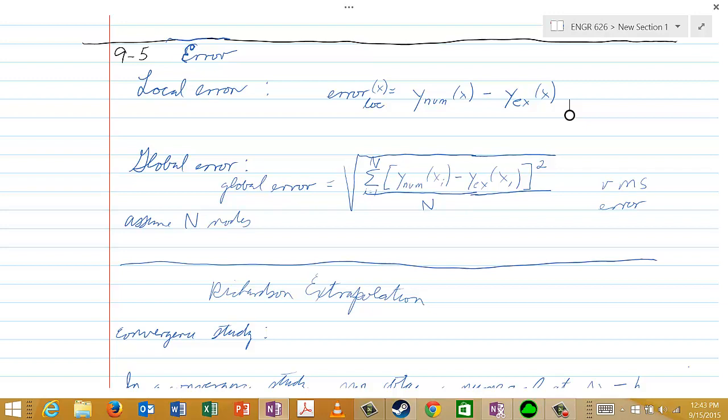And we don't want that to happen and give us the impression that we have a good solution when in fact maybe we don't. So that's why we're squaring the local error at each node, so that whether it's positive or negative, it's going to give us a positive contribution to that square, and then we take the average of the squared values and then finally take the square root. So that's how we will define the global error. And please do keep this equation for the global error in mind, because you will want to be using that for our subsequent work.